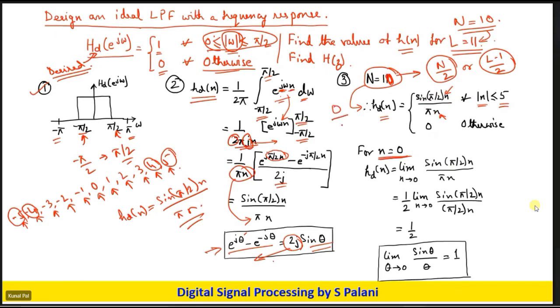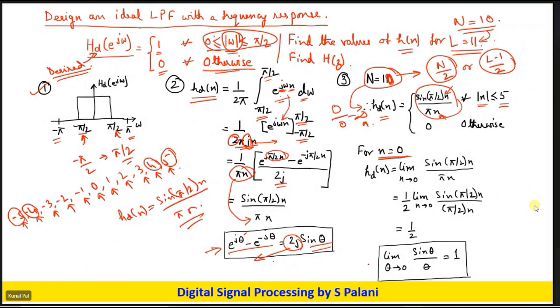So 0 by 0 becomes an indeterminate function. Since we are having this indeterminate function, what to do for determining the output for such a function?